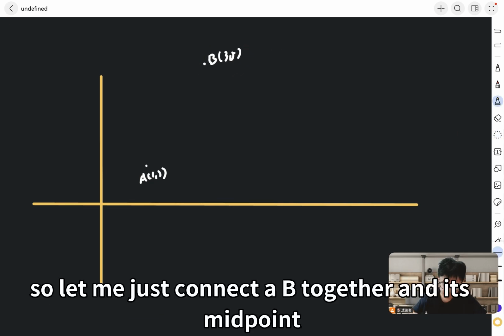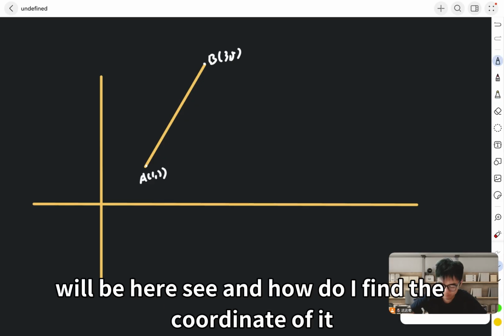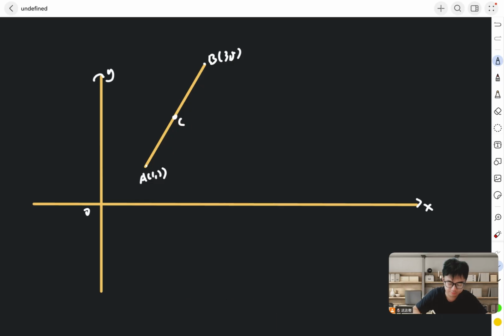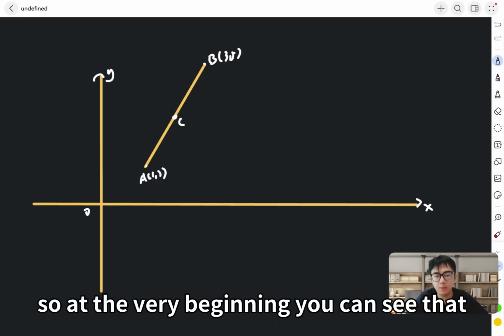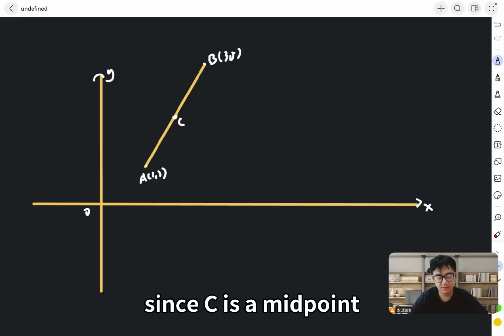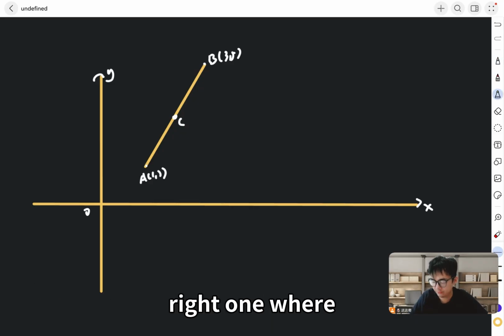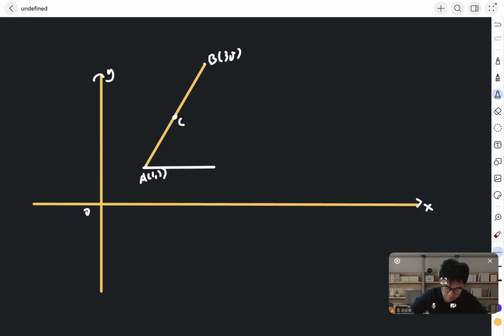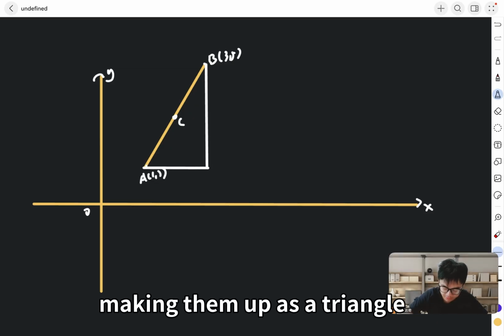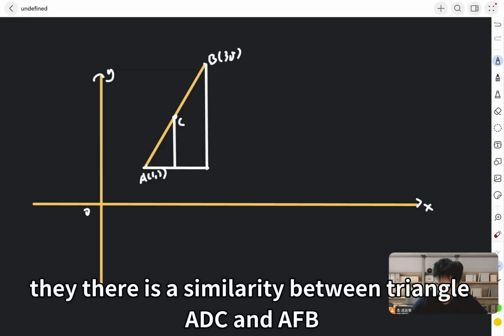Let me just connect AB together, and its midpoint will be here, C. How do I find its coordinates? At the very beginning, you can see that since C is a midpoint, there is a similarity relationship with the triangles. When we make them up as triangles, there is a similarity between triangle ADC and AFB.